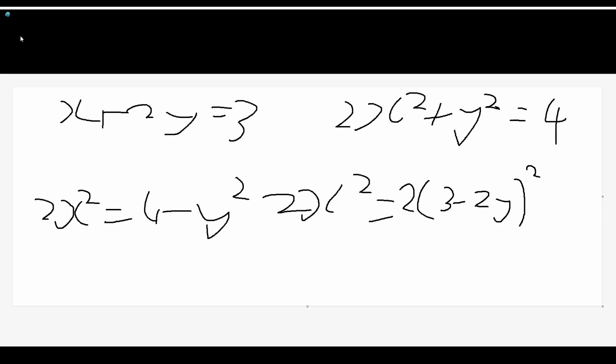So we can obviously put these together. Which becomes, we've expanded out the 3 minus 2y squared to become 4y squared minus 12y plus 9, right?